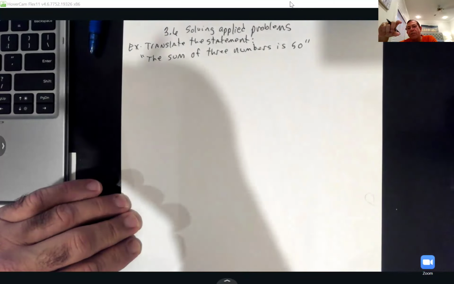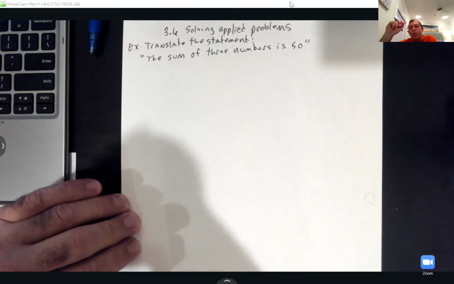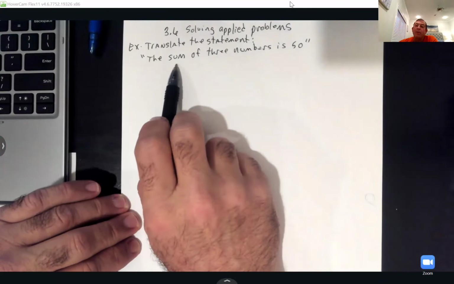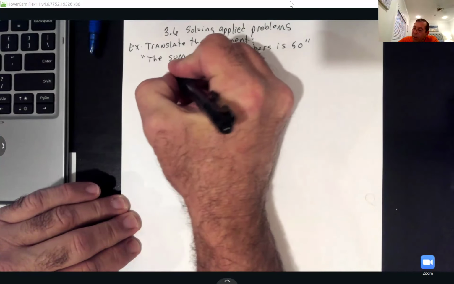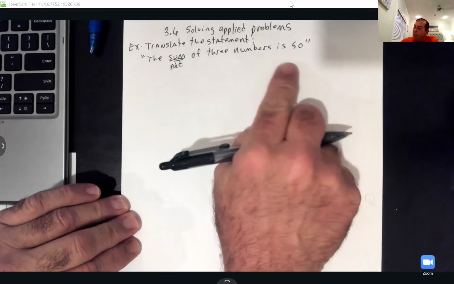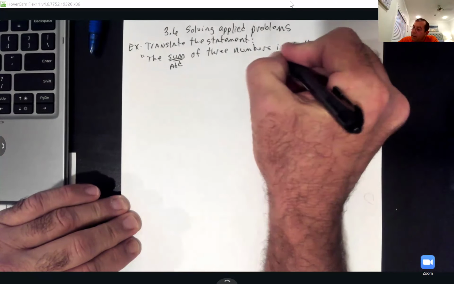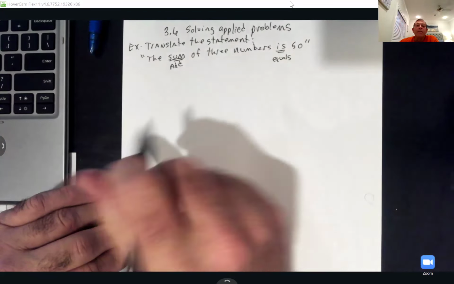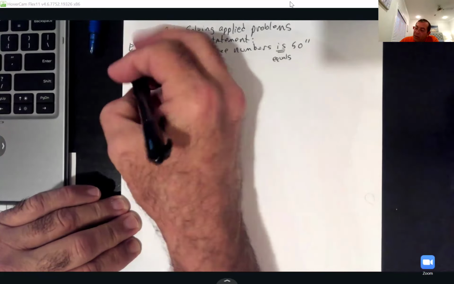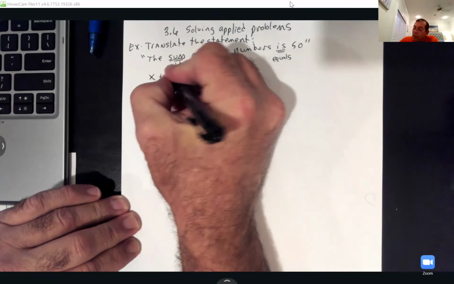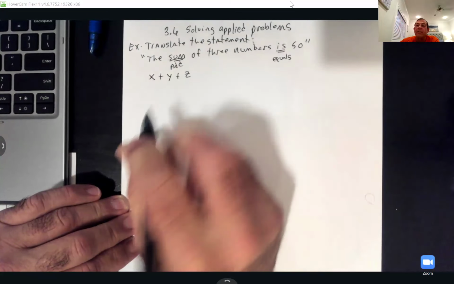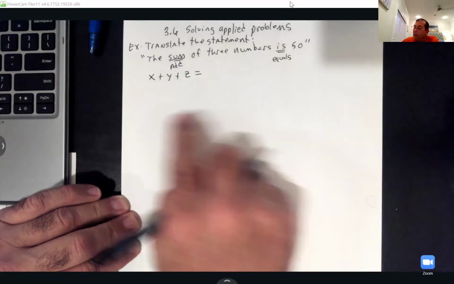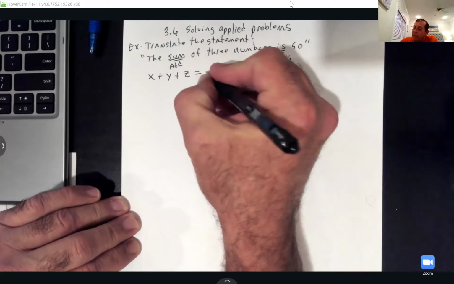Now this one will have four answers you'll choose out of, but I'll use my three numbers. I'm going to use X, Y, and Z to represent them. And then remember, when you see sum, that means you're going to add. When you see is, that's the equals. So the sum of three numbers, I know they're adding, so that's going to be a X plus a Y plus a Z. Remember, is means equals, so I'll put my equals. And then the only thing on the right side is that 50.